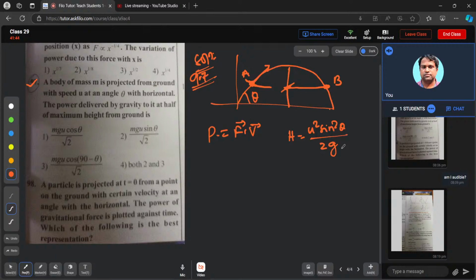So height by 2, but the point is, suppose the object is here, then let's say this is the height. So at this position, what is the angle it is making? Let's say it's making an angle alpha, right?